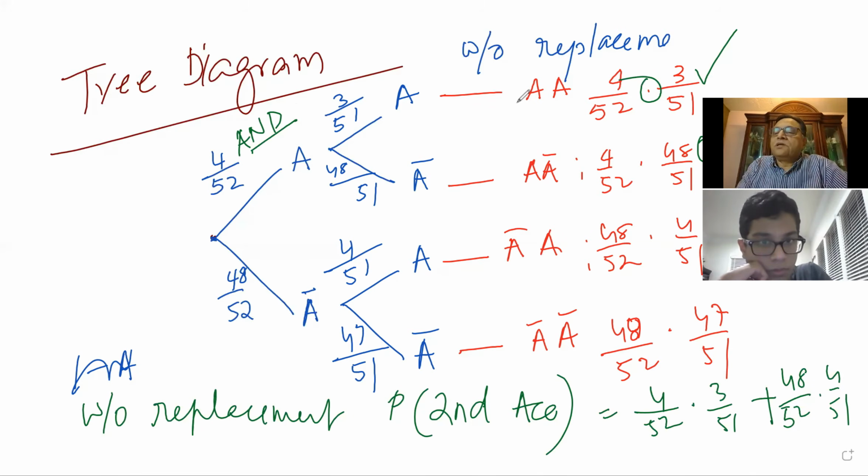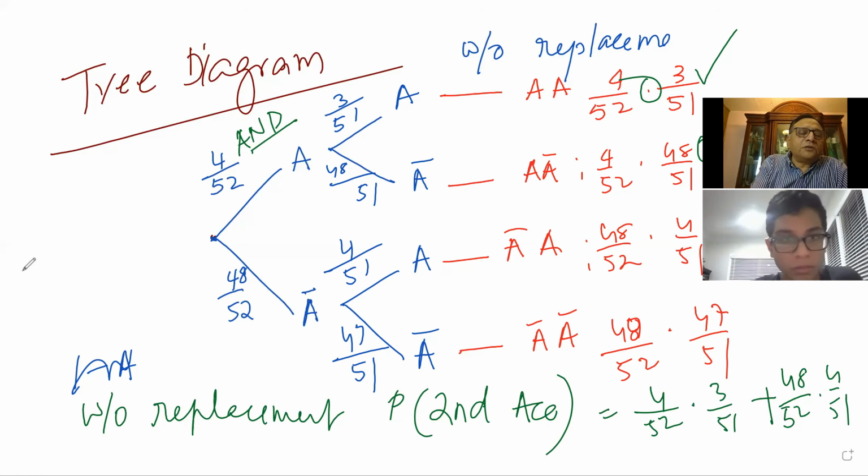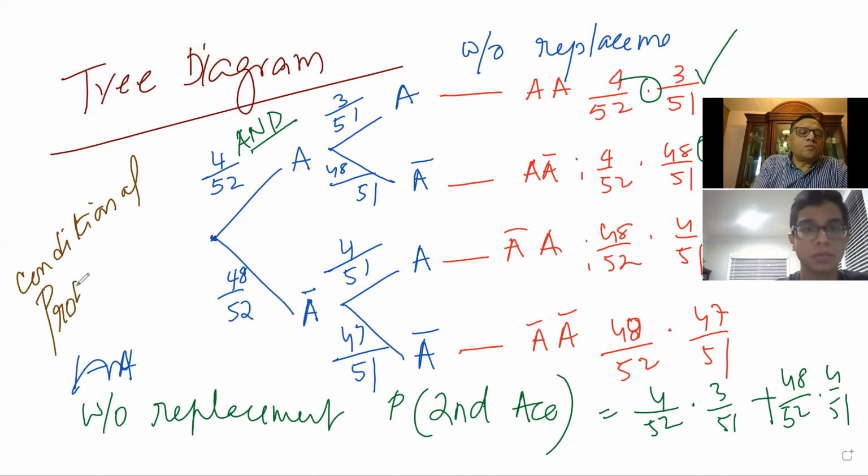Now, this particular tree can also help you answer some very difficult questions, which are called conditional probability. Conditional probability is, I'm telling you that I have drawn a card and I have seen that card. I'm telling you that this card is an ace. Now tell me what is the probability of getting an ace.